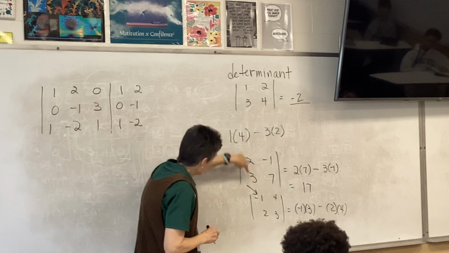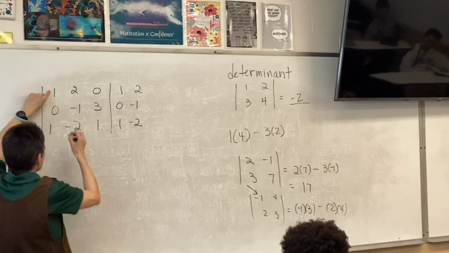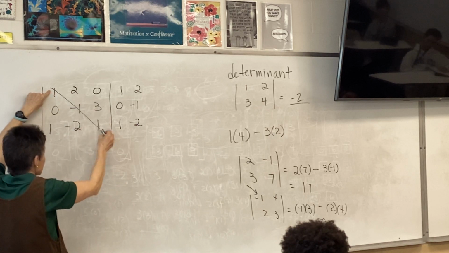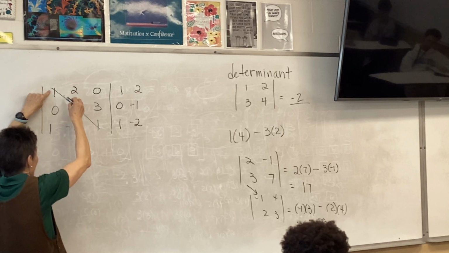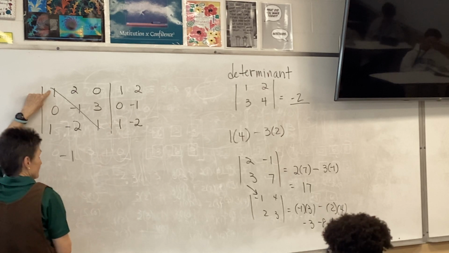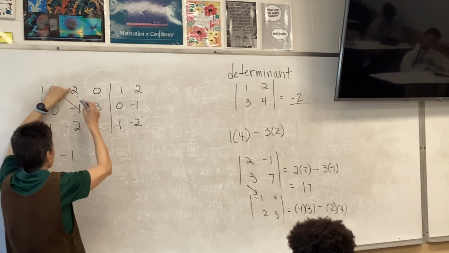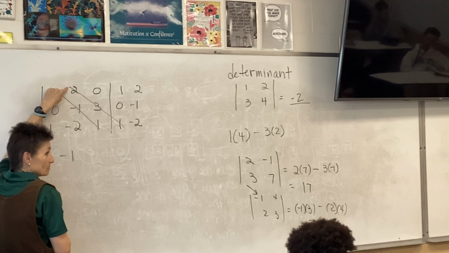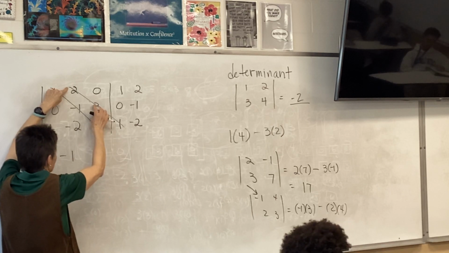Now, always start right here, just like I do the arrow there. You start right here, and you're going to multiply these 3 numbers together. What do I get when I multiply all 3 of those numbers? -1. Now, step over 1 and multiply these 3 numbers together. 6.